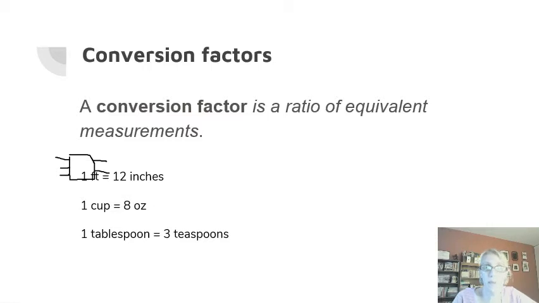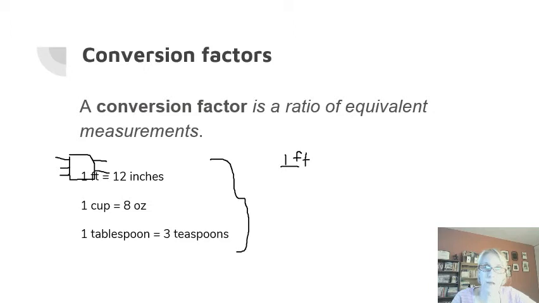So here are some examples from things we've done. 1 foot equals 12 inches, 1 cup equals 8 ounces, 1 tablespoon equals 3 teaspoons. One thing to remember when we're writing our conversions is you can think of it 1 foot equals 12 inches. That winds up being a fraction.